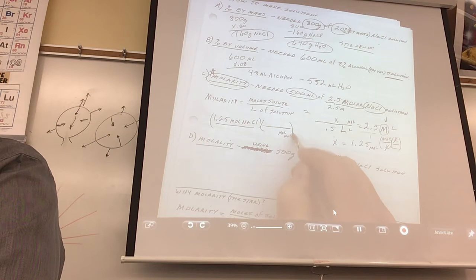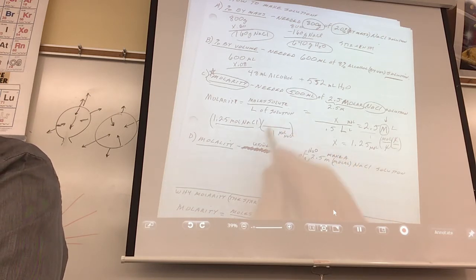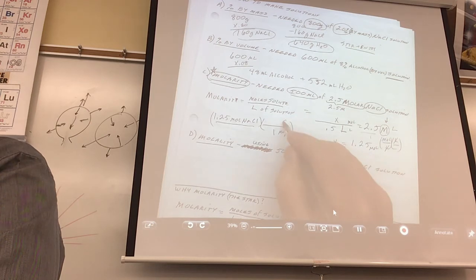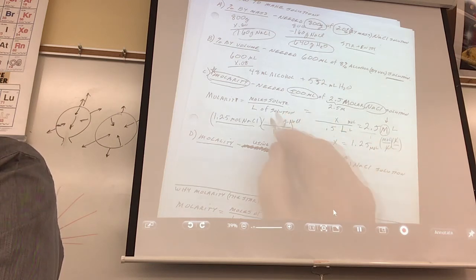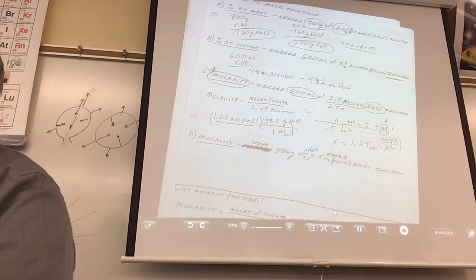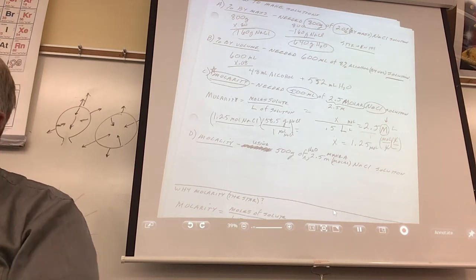We put 1 mole on the bottom of the other side. Yes, 1 mole of NaCl is, what's the molar mass? So we've got 23 plus 35.5. 23 plus 35.5, what is it? 58.5, right? Chlorine is 35.5. Now, go ahead and give that to me. And we're about done. We're about ready to make this solution.